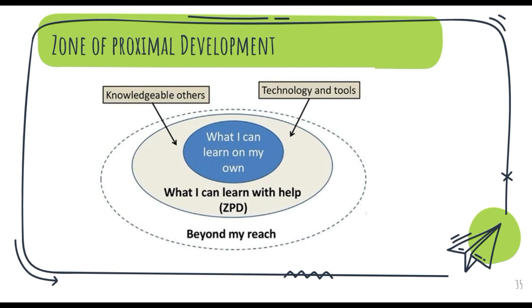The zone of proximal development is the range of tasks that are too difficult for an individual to master alone, but can be mastered with the assistance or guidance of adults or more skilled peers. So these are in between things a child can do and things a child can't do even with support. So the zone of proximal development is the things a child can do with support.